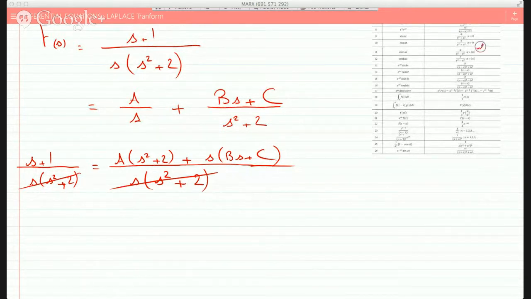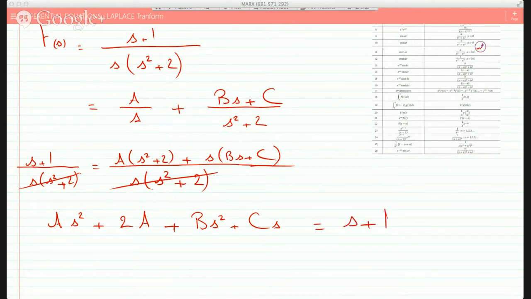So I'll do the right hand side first. So this is a s squared plus 2a, plus bs squared plus cs. So I FOILed these. And this, of course, has to equal the left-hand side, which is s plus 1.